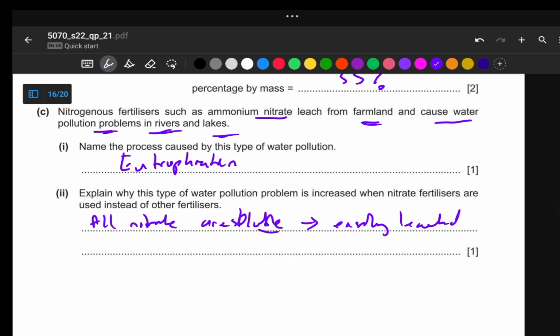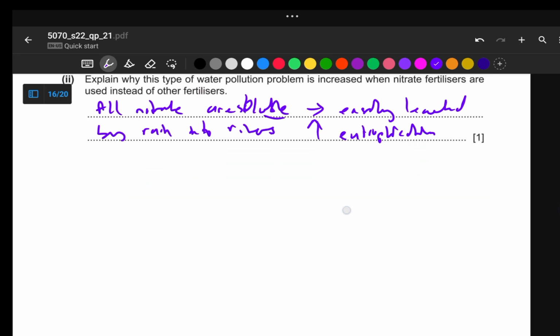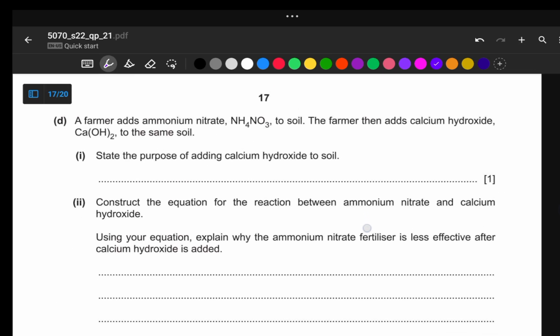As simple as that, right? And we now proceed to the next part, which is number D.